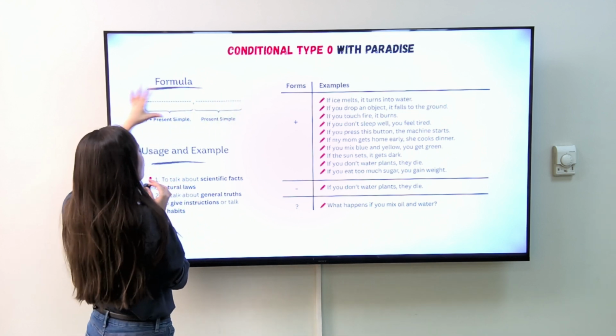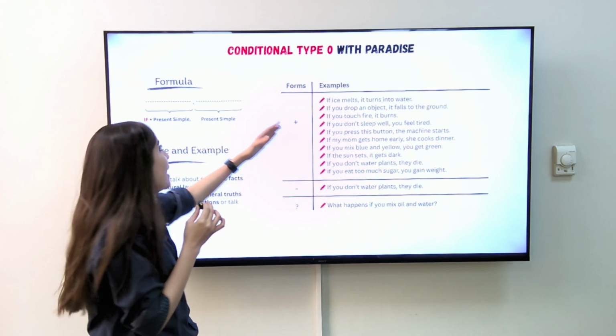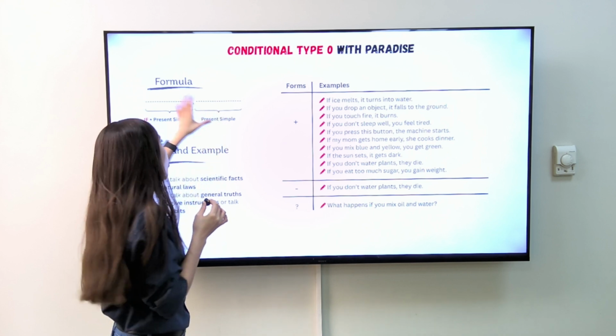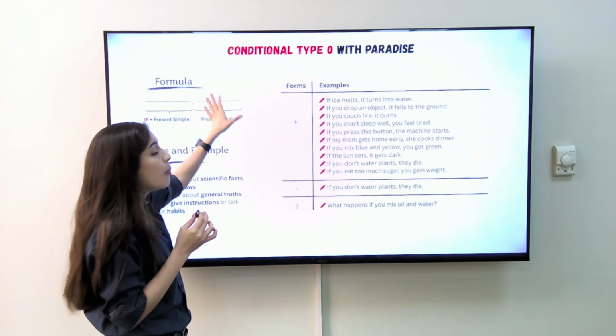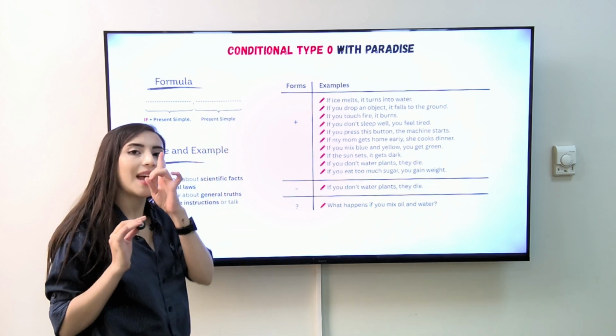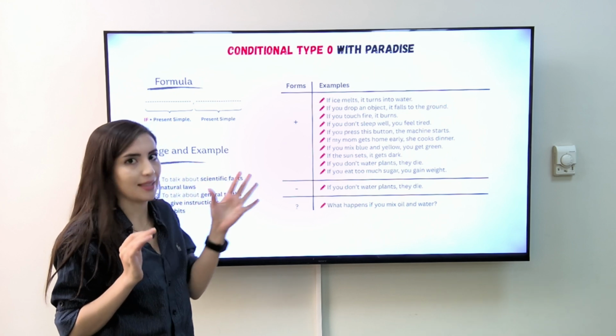It's a whole divided into two parts, and in between there is a comma. So one part would be with if, and in the other part there's no if. So we have if in only one part of the conditional sentence.